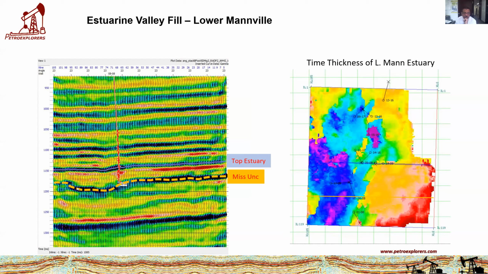into Mississippian carbonates as an estuary, and then filled up layer by layer over the lower Mannville, top of the estuary, and then various coal layers on the top in the upper Mannville. So that is kind of a stack, very familiar to many of the Albertan exploration teams.